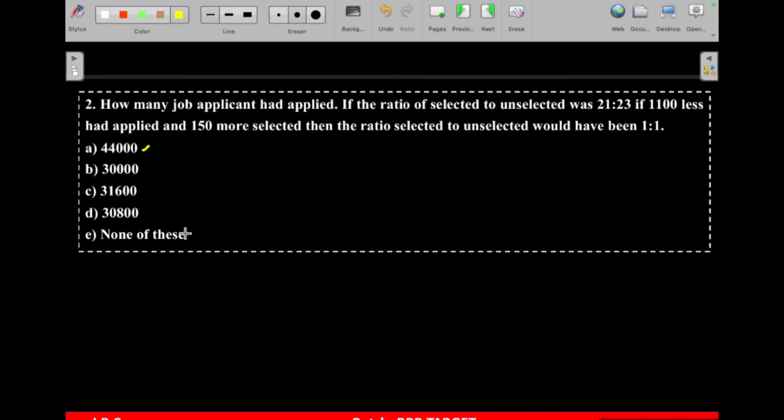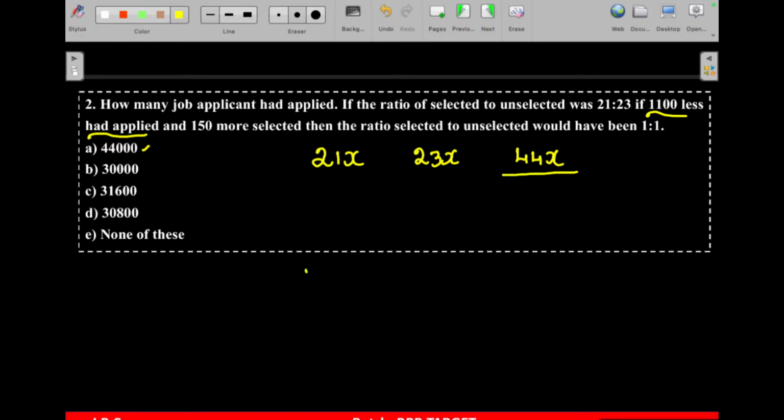Okay, let's solve it. Initially 21x members are selected, and 23x members are not selected, which means 44x members are applied. Always take the ratio from the original numbers they gave. Now 1100 less applied, so take this number.